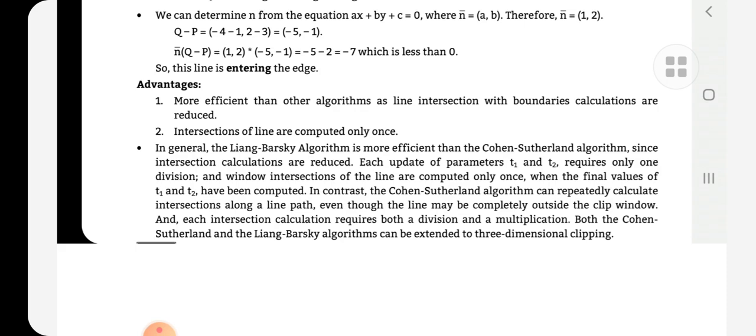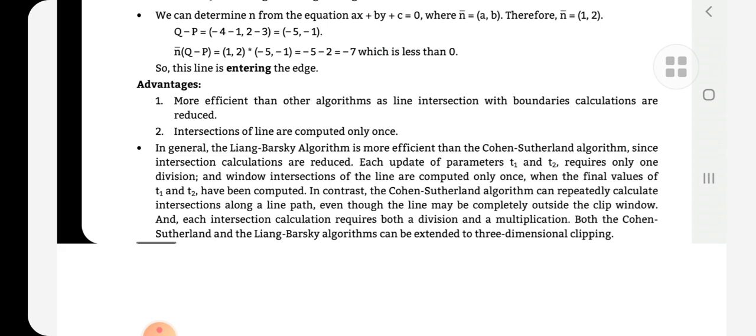Advantages: it is more efficient than other algorithms, as line intersection calculations are reduced and the intersections of lines are computed only once. In general, the Liang-Barsky algorithm is more efficient than the Cohen-Sutherland algorithm since intersection calculations are reduced.